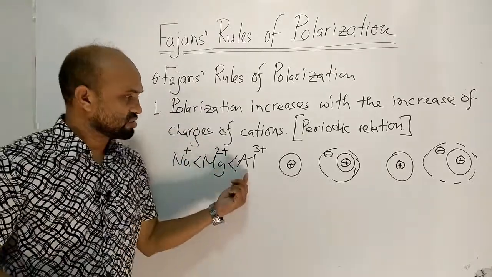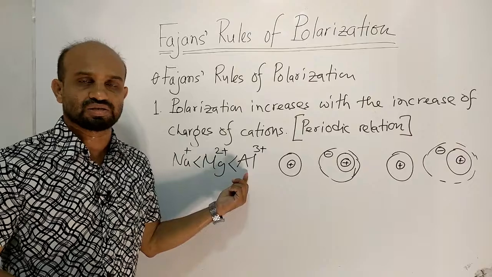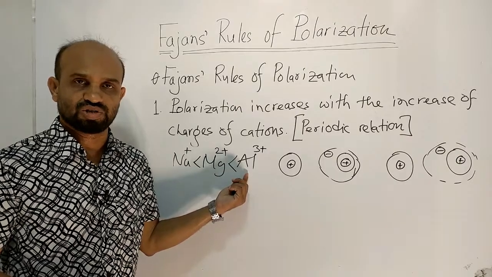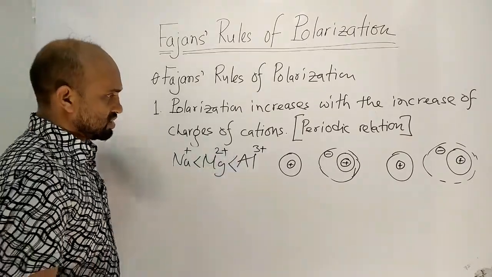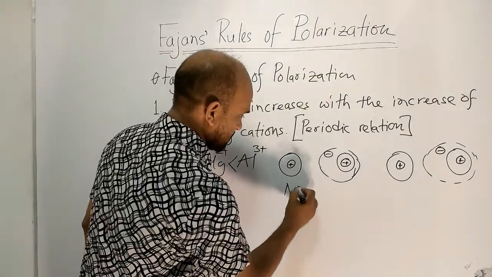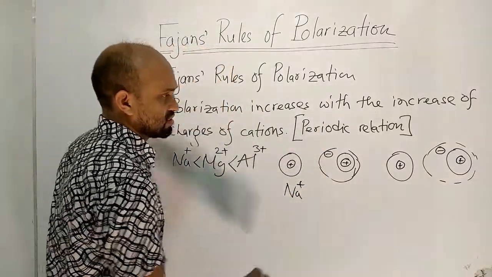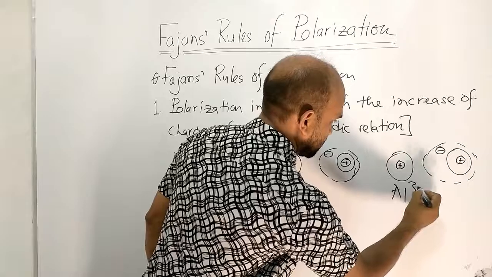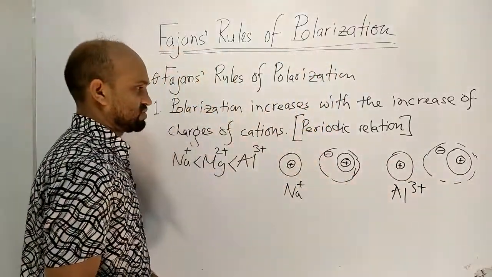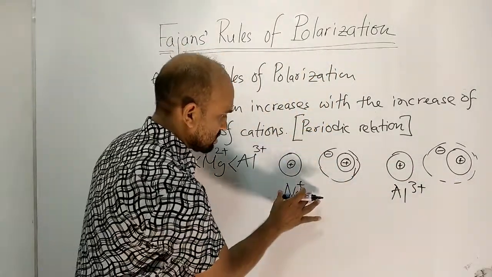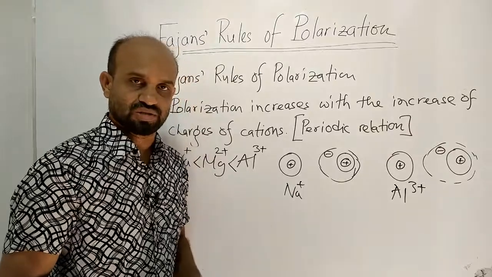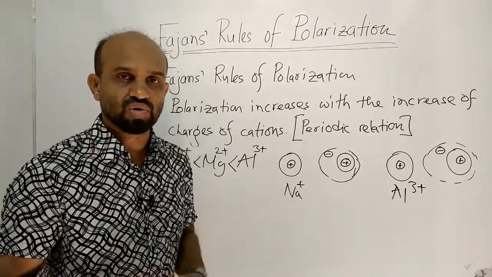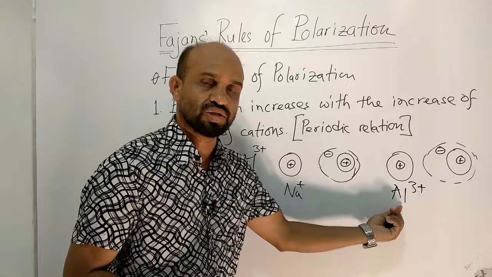Now let's see how polarization increases here in case of aluminum 3+. Let's consider this is sodium plus and this is anion. This is aluminum 3+ and this is anion. Here this is unipositive charge. That means low charge compared to this one.